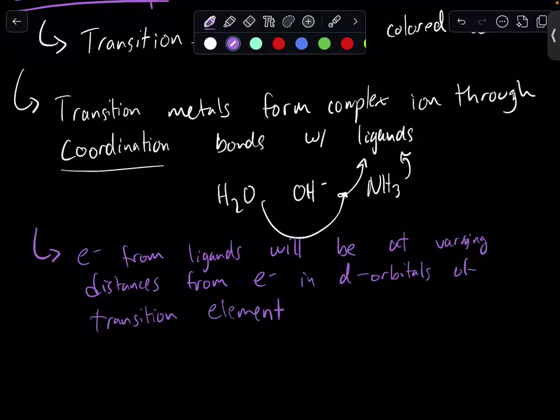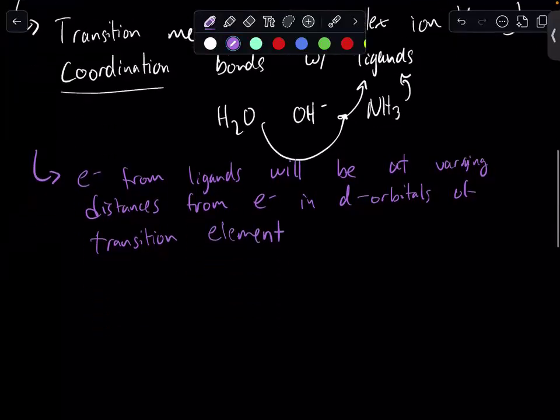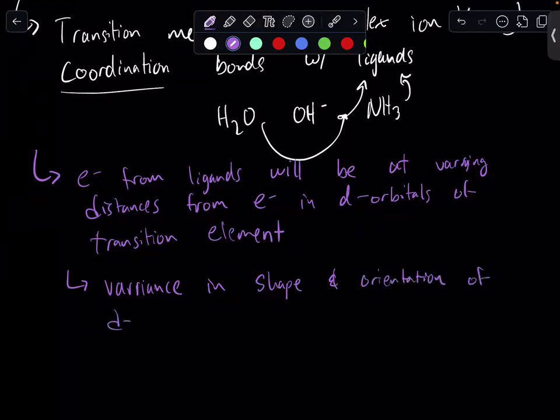So this is where we have to start looking at the shape of the d orbital. The other thing we have to know is that we're going to have a variance in shape and orientation of d orbitals in an octahedral complex.